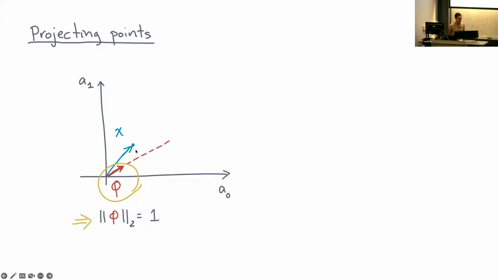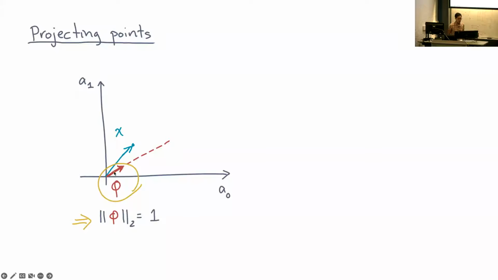In the same way, if I ask what is the representation of x in the A0, A1 space, it's just the projection of the point along the 2 axes, where I measure the length. So the point x in the figure has some coordinate, which is its length along A0, and another coordinate, which is its length along A1.